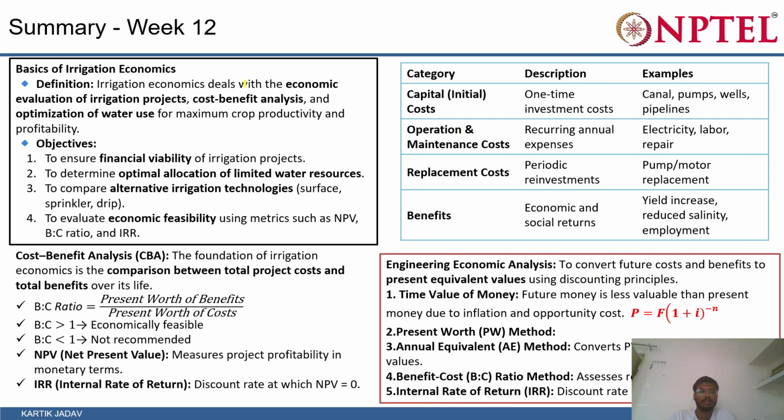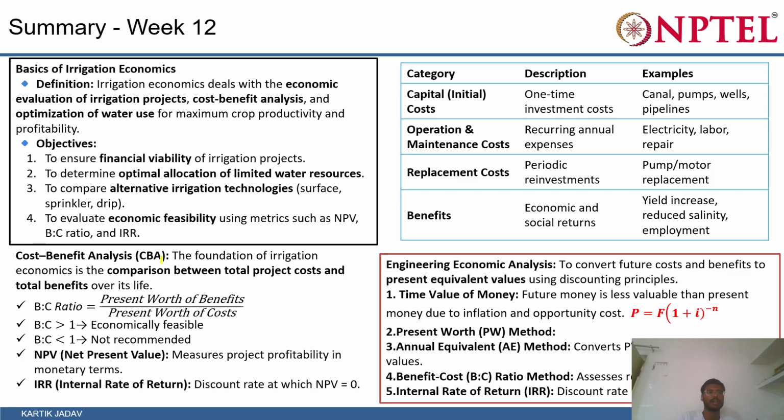Then after that we focus on the basics of irrigation economics. As you know, irrigation economics deals with the economic evaluation of irrigation projects, cost benefit analysis, and optimization of water use for maximum crop productivity and profitability.